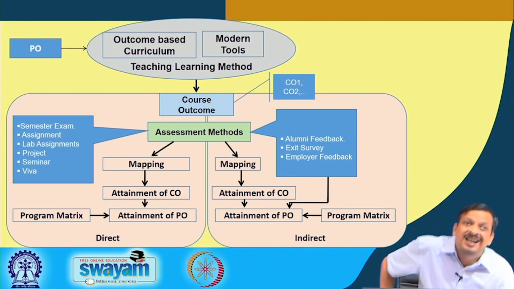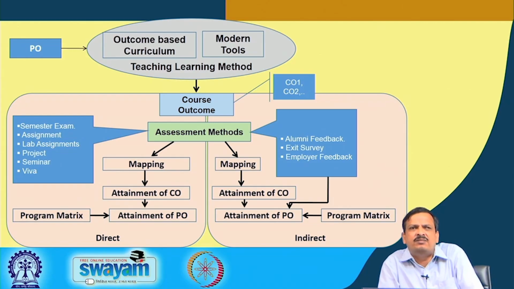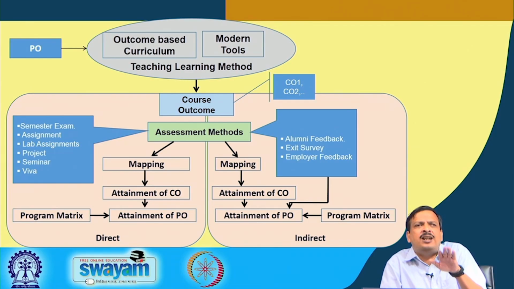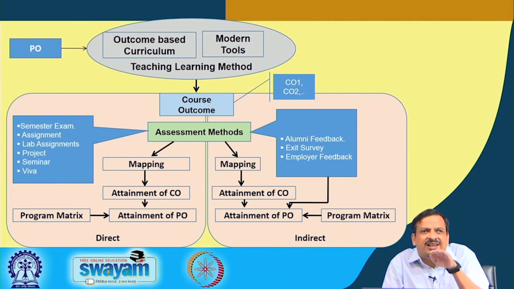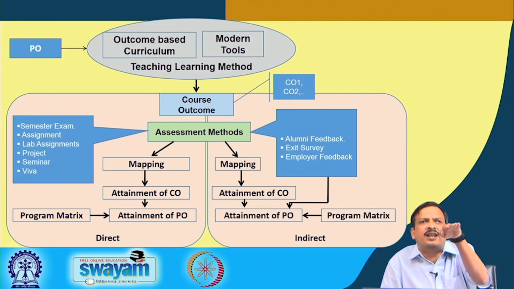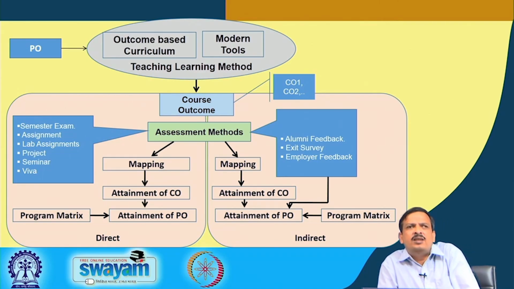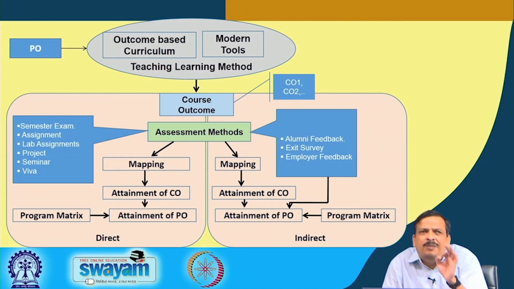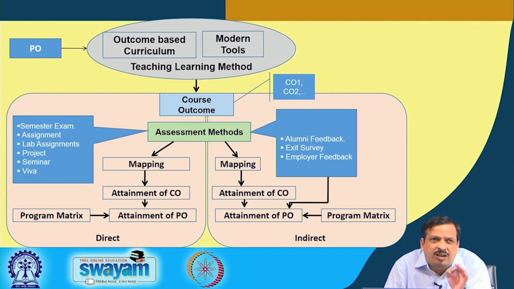That is why this is called criteria-based assessment. The purpose of the assessment is to collect data about whether a student has achieved the target or not, or how much of the target he achieved. That data we have collected. So, when I say attainment calculation, it can be done based on the assessment data.